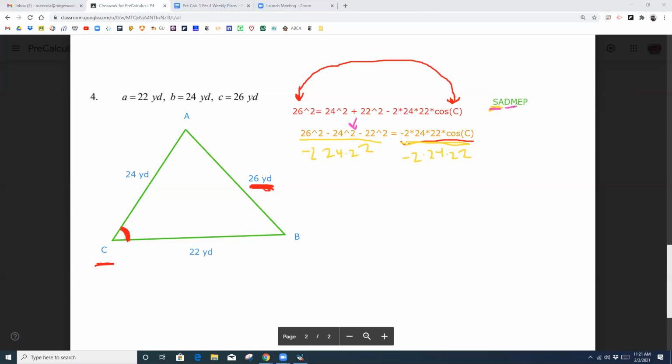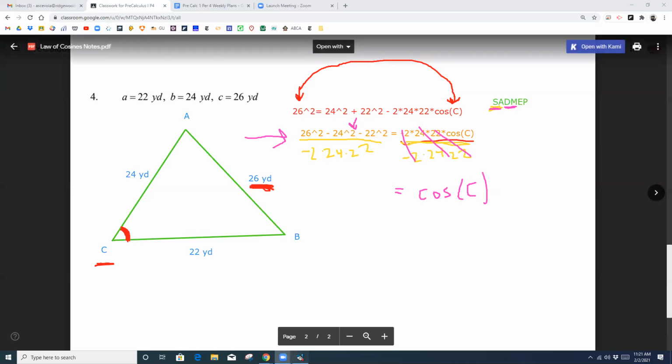Then we multiply and divide on both sides, so that's why here we divided both sides by -2 times 24 times 22. Now we're left with the cosine of C equal to this number right here, which should come out to a decimal between 1 and -1. Let's type that in our calculator and see what it equals.